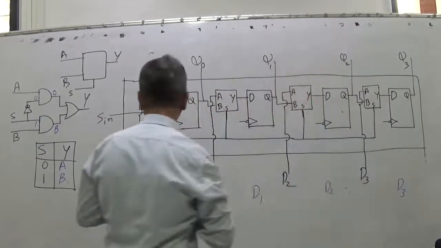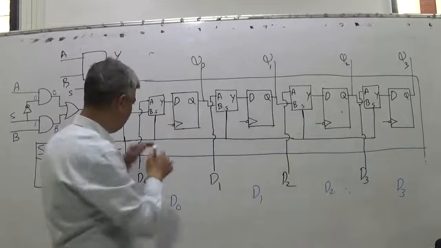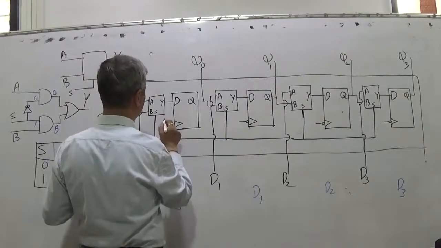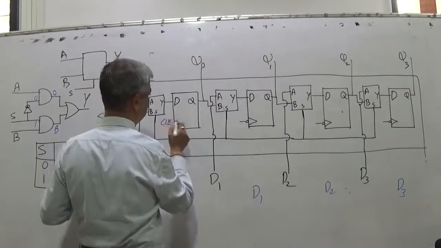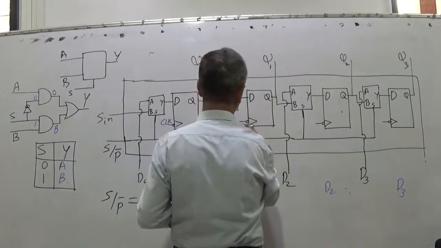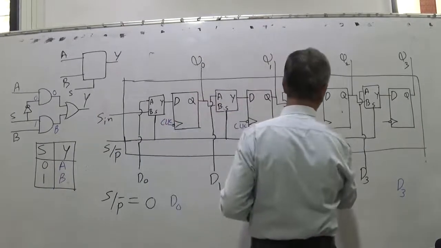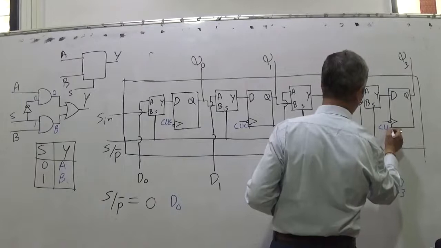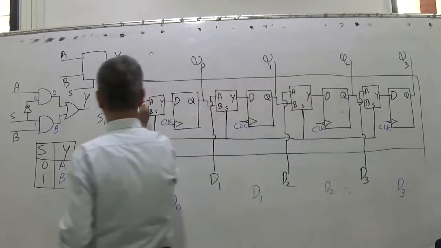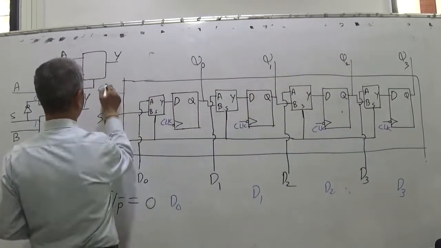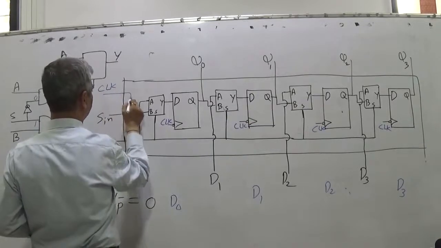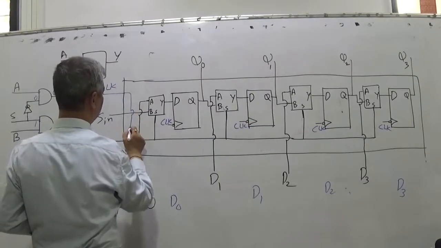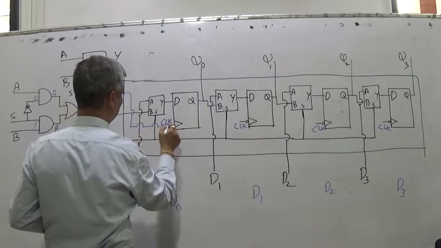And when clock comes, clock of all is made common, I am not showing it separately just to avoid bulkier connections. Clock of all is made common and it is available at the input. So a separate input is there called as CLK. Or if you want, I can show it. Otherwise, somebody will say, no, sir, clock is not shown, how the circuit will work.